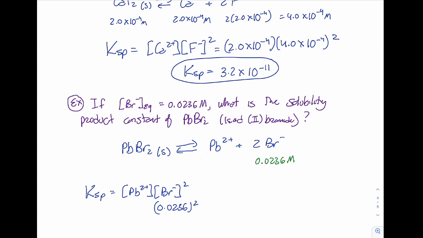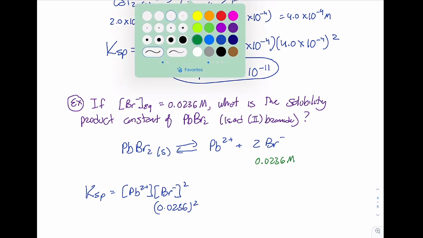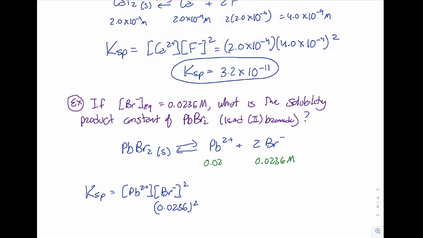And this time, again, I'm just going to use that ratio. I know that for every 2 of these, there's only 1 of these. So I know that at equilibrium, my concentration of lead 2 plus is going to be half the concentration of my bromide ions. So 0.0236 molar divided by 2, that's what that number is going to be equal to.